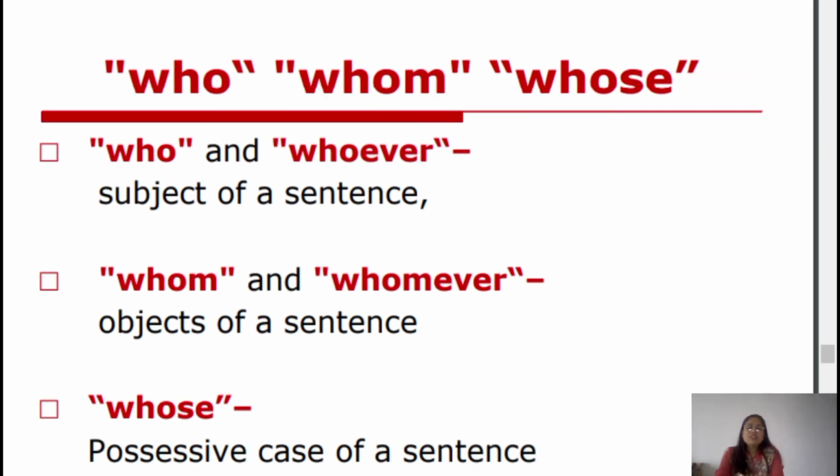We will look at the usage of who, whom, and whose. Who and whoever are used to replace a noun that could be the subject of a sentence. Whom or whomever replaces a noun that is the object of a sentence, and whose is used in the possessive case of a sentence.